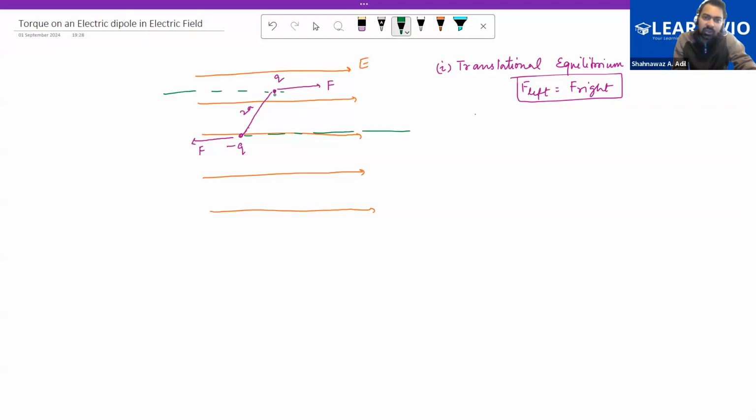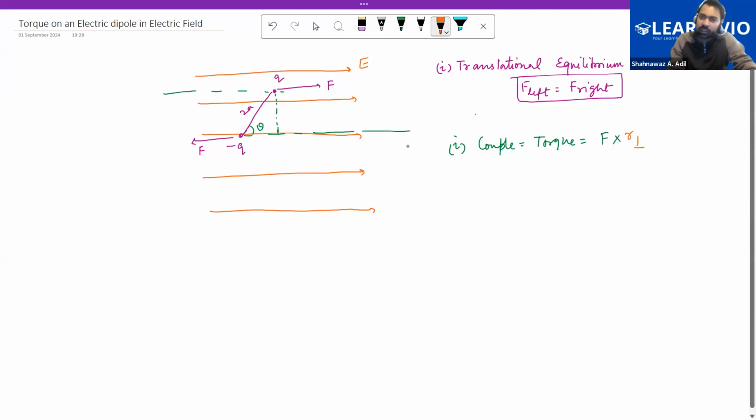And what would be the couple? This is the distance between them, and this angle is theta. So the couple, which is the torque, is the force into the perpendicular distance, R perpendicular, between the lines of action.